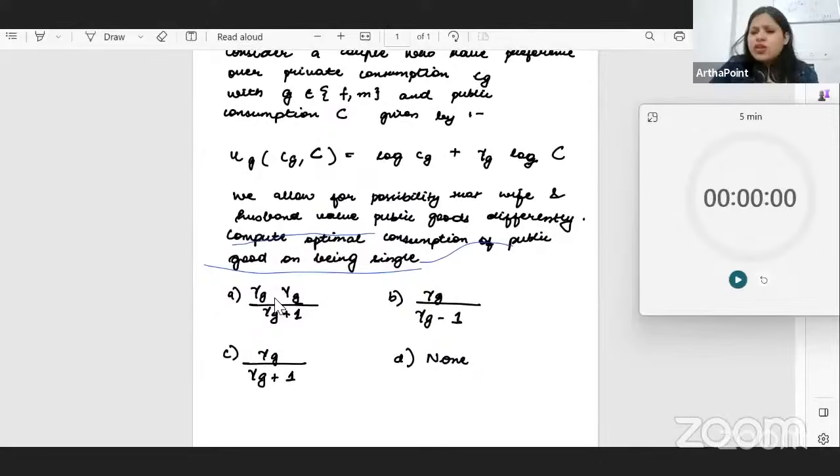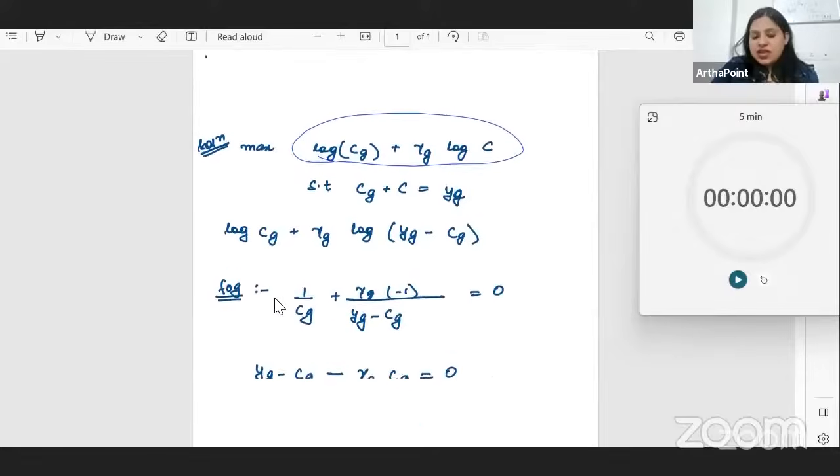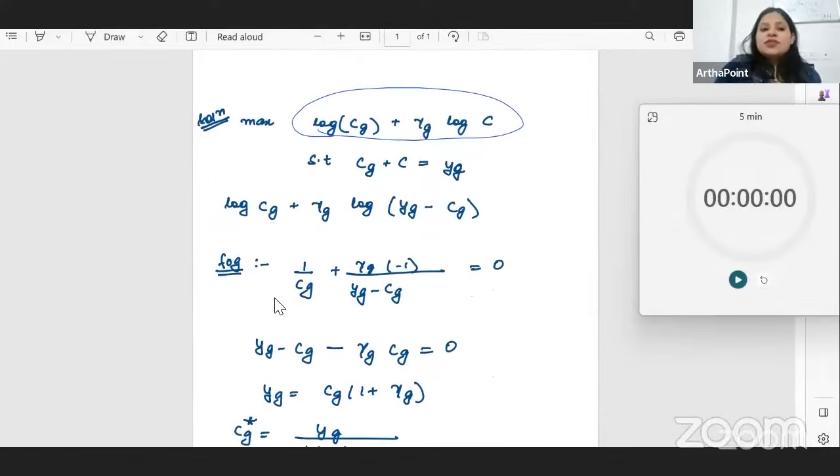So prices are not given. I will just take P as 1 and I will try to solve this question. So what I am saying in this case is: try to maximize this utility function subject to the condition that whatever I spend on public good plus private good should be equal to the income of the individual.